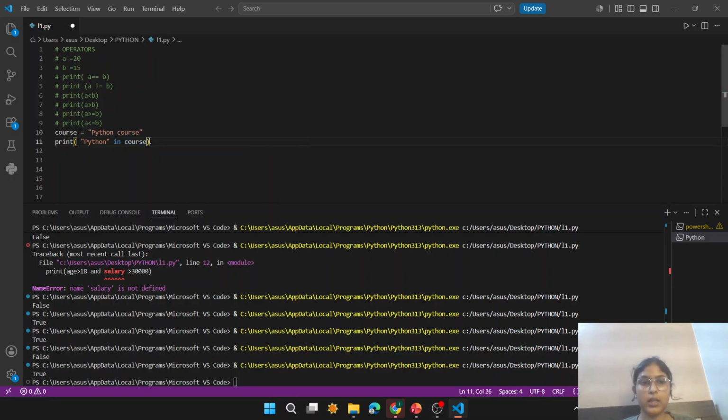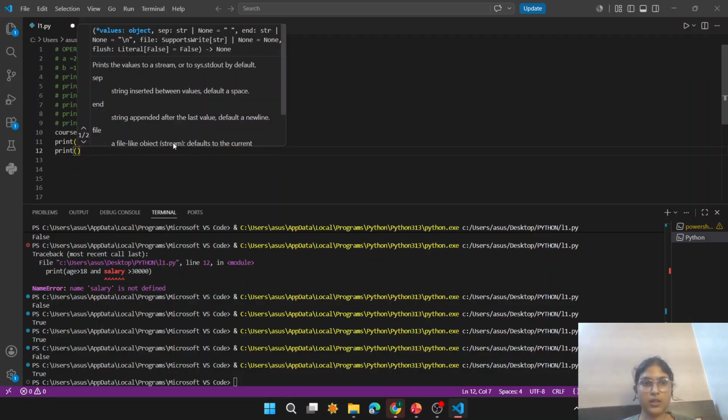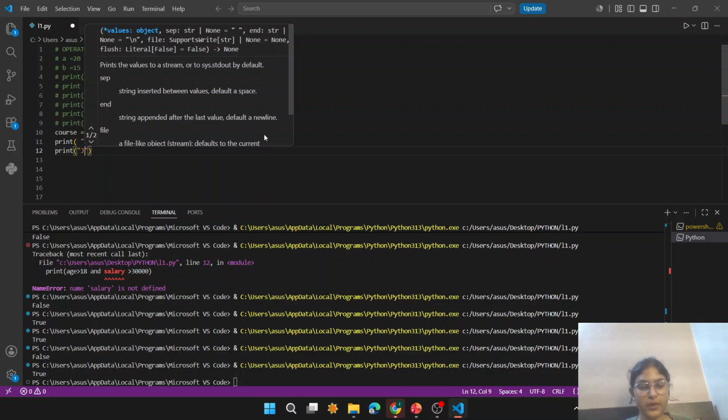So in is also a keyword. Remember, you have to write it in lowercase because it is a reserved word.